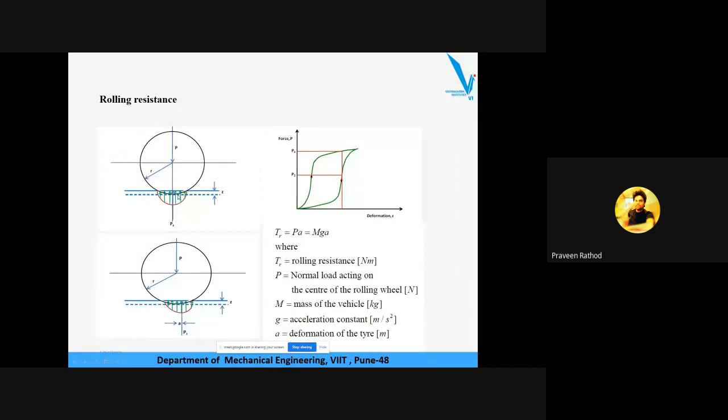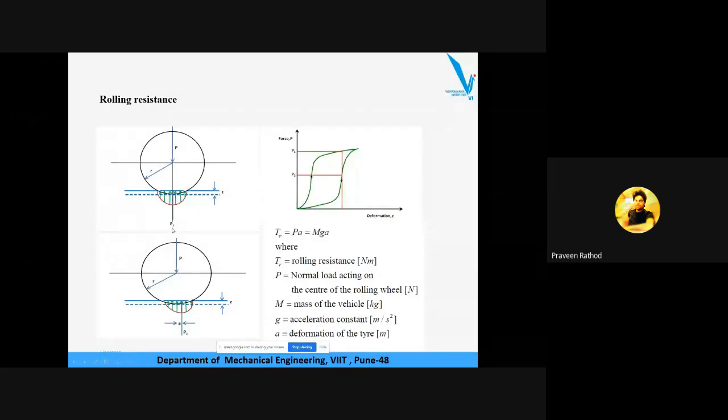Meaning the force that is acting here is distributed symmetrically to the center line of the resulting force, which is PZ.